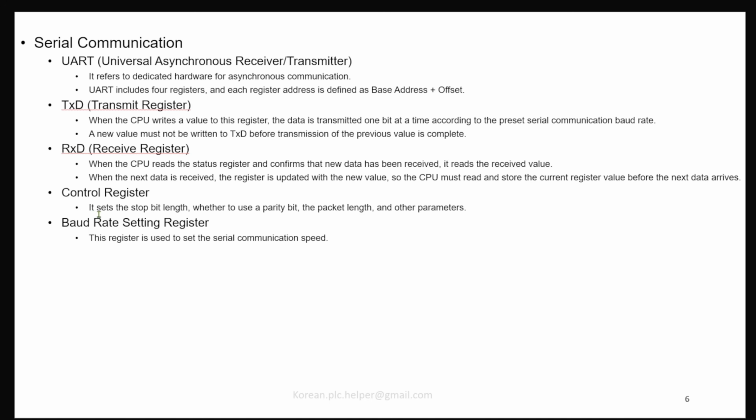The characteristics of each register are described on this slide. I recommend pausing the video for a moment and reading the information on this slide. Okay, let's move on to the next slide.